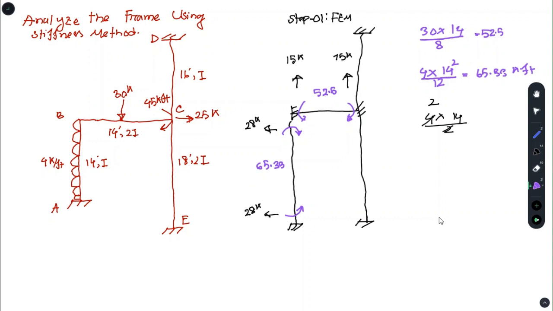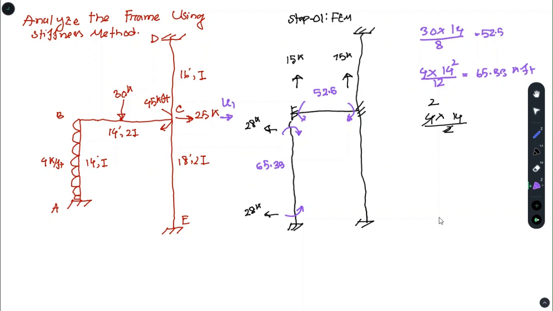Along the frame BC, a lateral movement is possible. Let's say the frame is going in this direction, which is the lateral movement. Let's call this DOF U1.